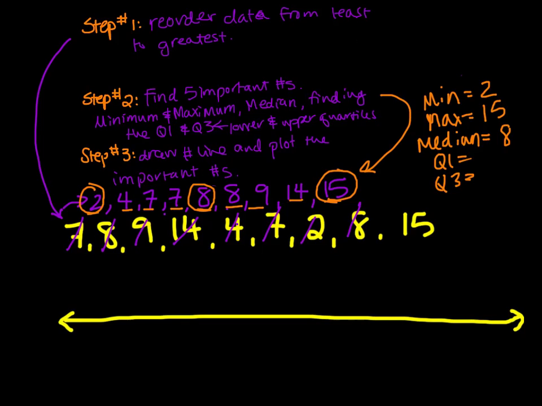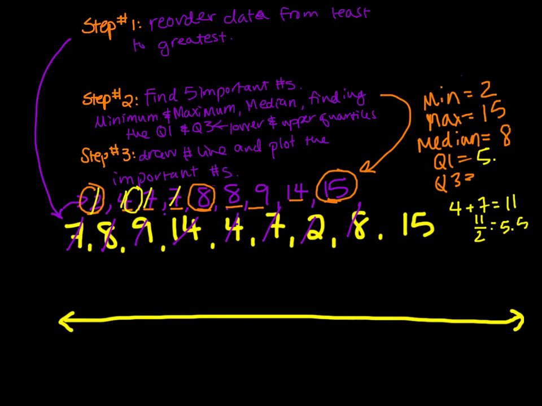Now I need to find my lower quartile and my upper quartile. So lower quartile, I'm going to be looking at eliminating that 7, eliminating the 2, 7, and 4. So my lower quartile is right here in between the 7 and the 4, so I need to do a little math. 4 plus 7 is equal to 11, and 11 divided by 2 is 5.5.